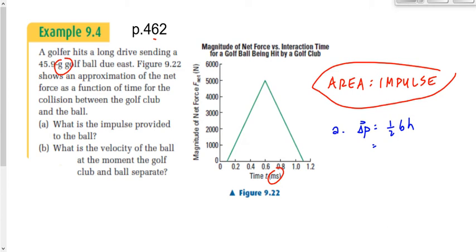Now, I remember a number of years ago when I did this question, I did way more work than I had to do. The first time I ever did this question, I broke this up into 2 right-angled triangles. I found the area of this one using 1/2 base times height. Found the area of this one using 1/2 base times height. What do you think I got? Same as I would have gotten if I had treated it as one object.